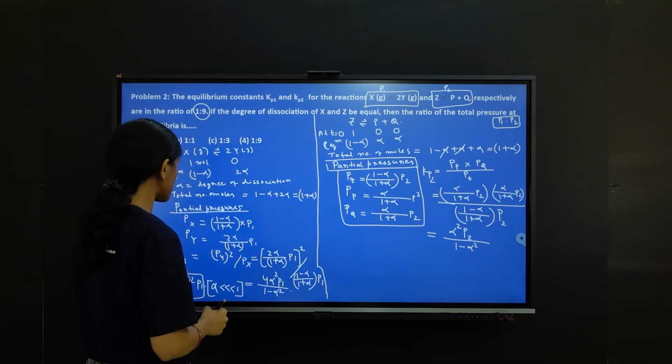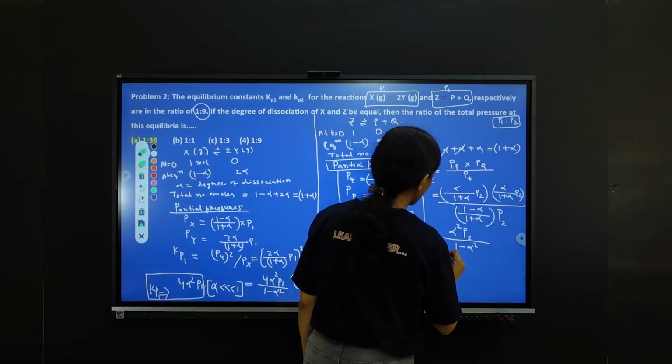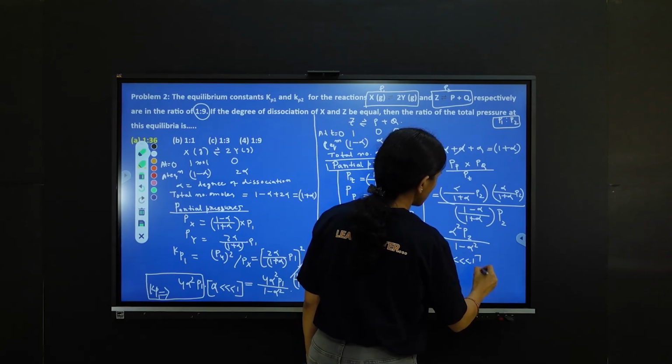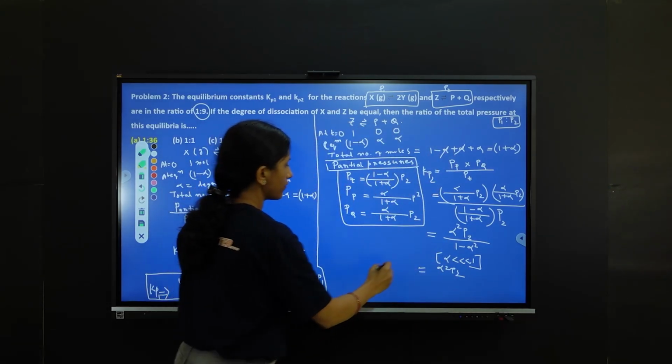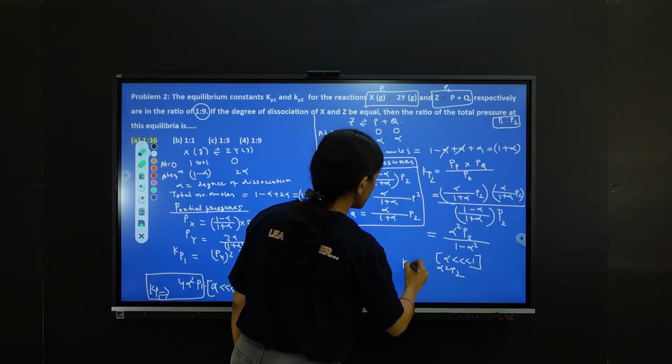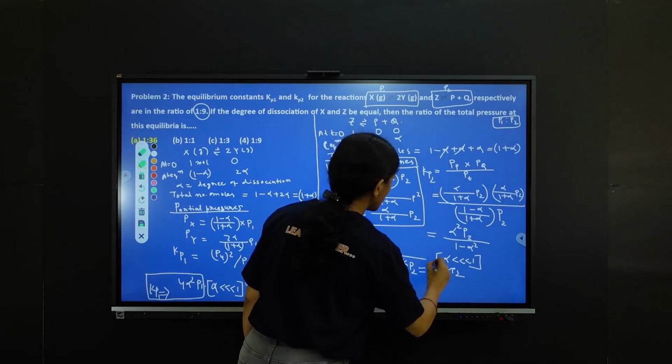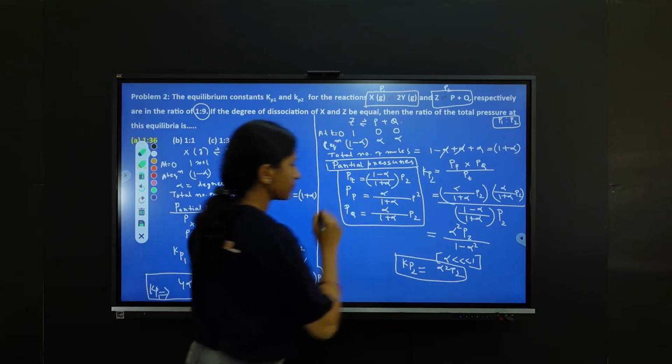Right? Because alpha is much less than 1, we can write the same as alpha square P2 only. So our Kp2 has come out as alpha square P2.